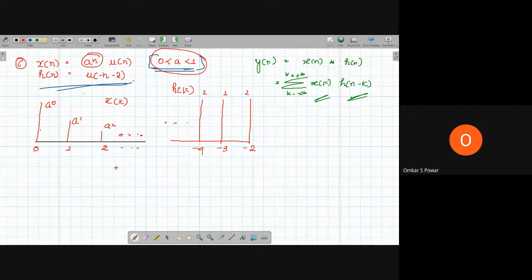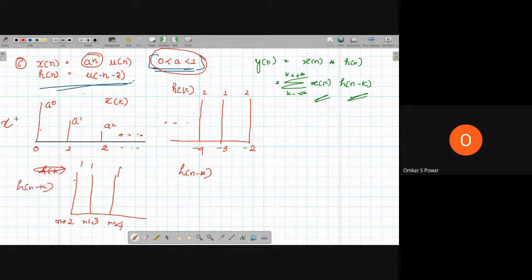So h of minus k will be the reverse: 2, 3, 4, with 1, 1, 1. Then h of n minus k: here I will write n plus 2, n plus 3, n plus 1. So this is your h of n minus k.